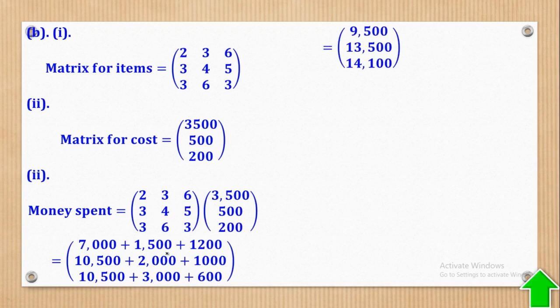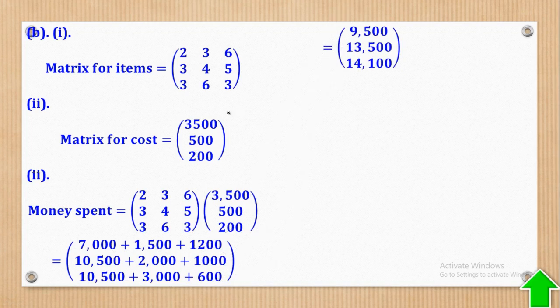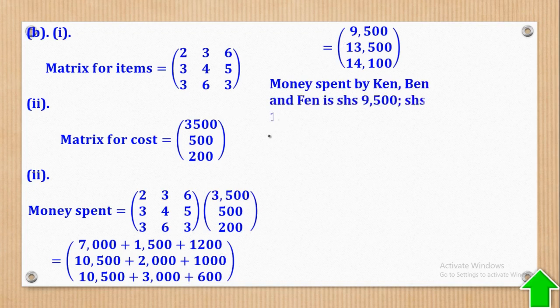So the output, this one is that, this one is that, and this one is that. So the amount spent by Ken, Ben, and Fen is that. So in corresponding order, this for Ken, this for Ben, and this for Fen.